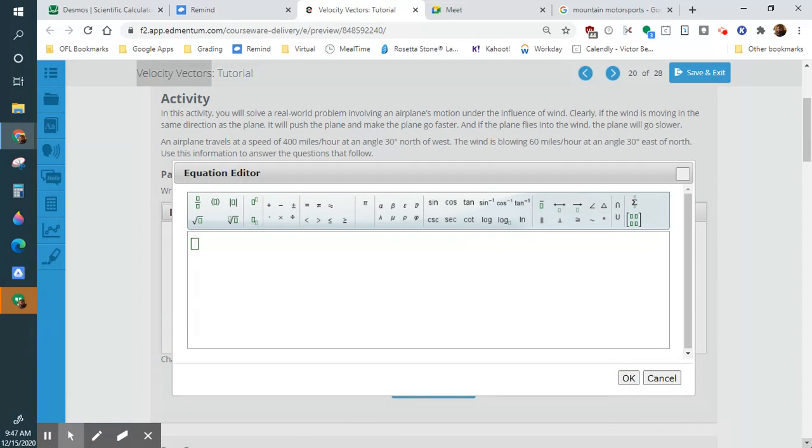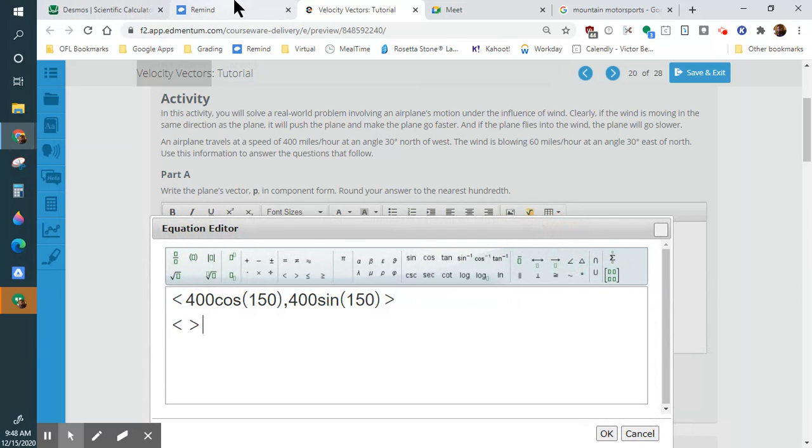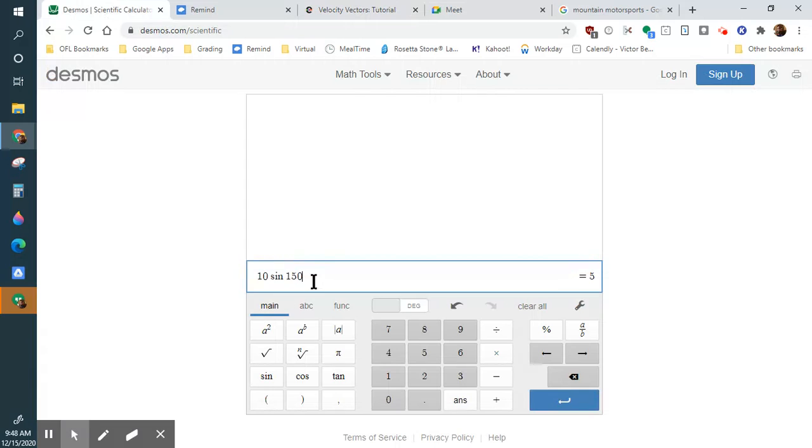Let me write my brackets, and we're going to write it as 400 cosine of 150, comma, 400 sine of 150. Then we would just plug this into Desmos, and it asks for the nearest hundredths, which would be two decimal places.